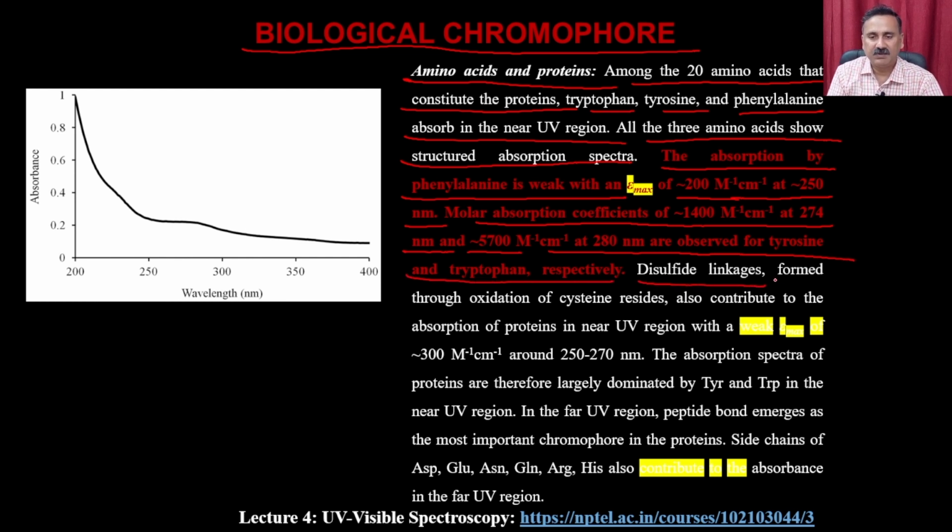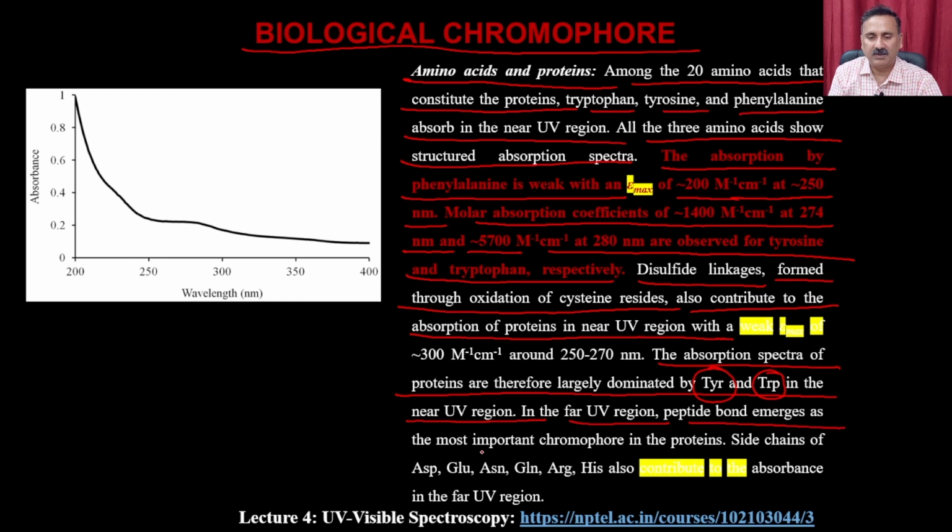Disulfide linkages formed through the oxidation of cysteine residues also contribute to the absorption of proteins in the near UV range. The absorption spectra of proteins are thereby largely dominated by tryptophan and tyrosine in the near UV range, and in the far UV range, the peptide bond emerges as the most important chromophore in the protein.